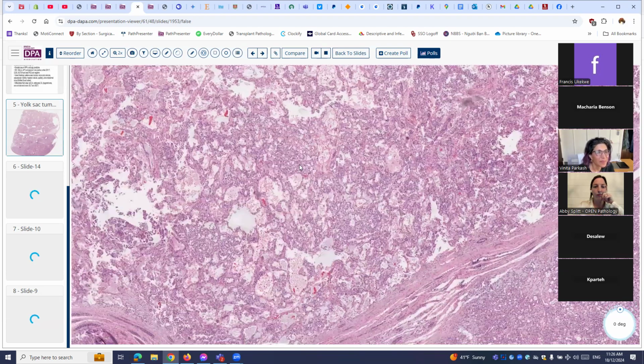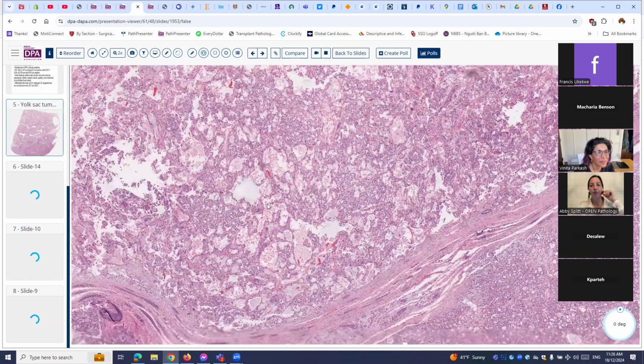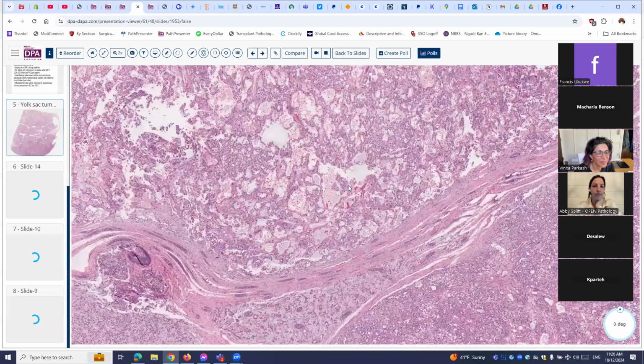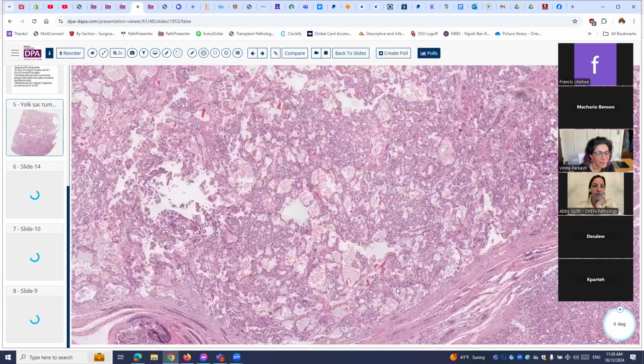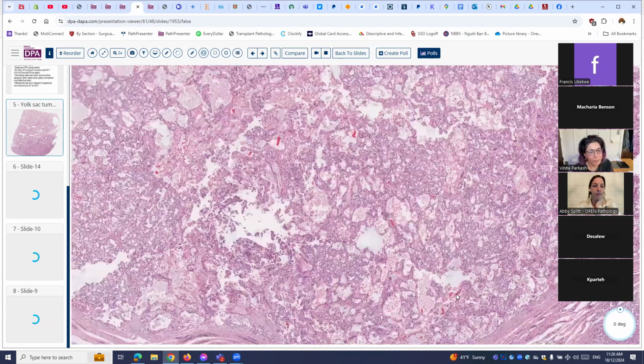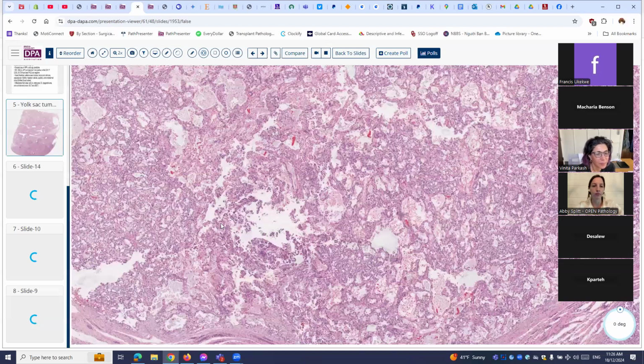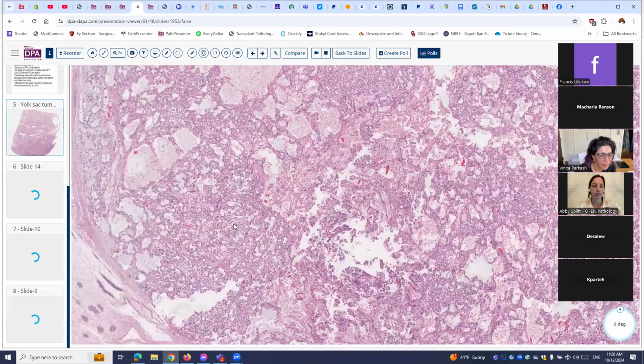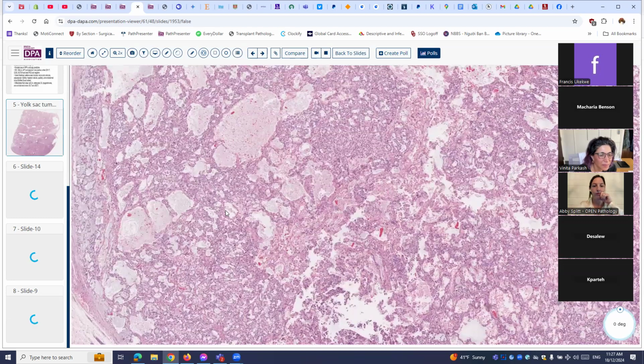Yeah, there is some evidence that maybe some of them do, but it's not a requirement. It's not part of the checklist that you need to say this is a hepatoid yolk sac tumor. The only thing to be aware of them for is that the polyvesicular vitelline pattern, which has larger cysts, and the hepatoid pattern can be harder to classify as yolk sac tumor, especially if those are the predominant or only pattern that you have.